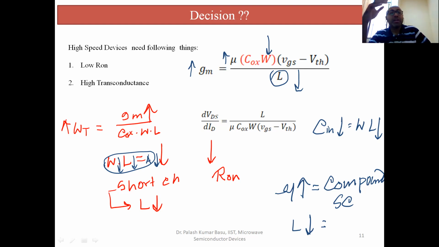Based on your device, you have achieved theoretically 1000 gigahertz, but the user is asking for a device of 700 gigahertz. Then you play with the W into L ratio so that you can bring 1000 to 700. That is actually the crucial part. It's a design.